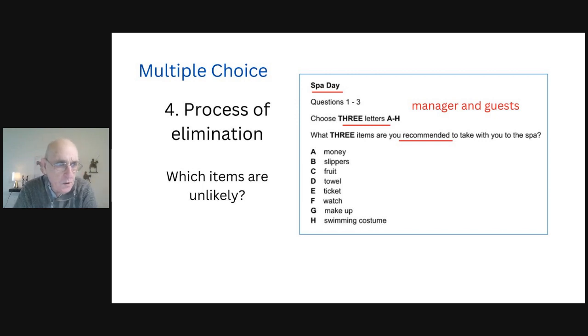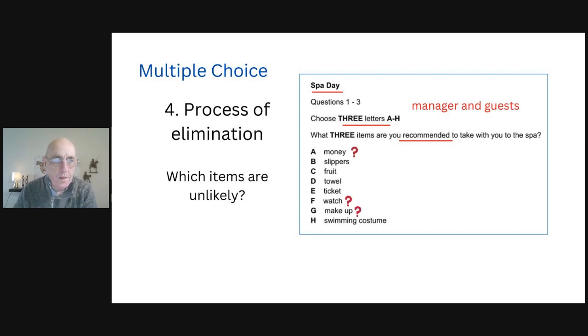So if I take a look at some of these items, I'm not going to be able to eliminate some. There are some that are possible, some that are very likely, but there are some that are probably not really necessary or likely to be included or recommended when it comes to going to the spa.